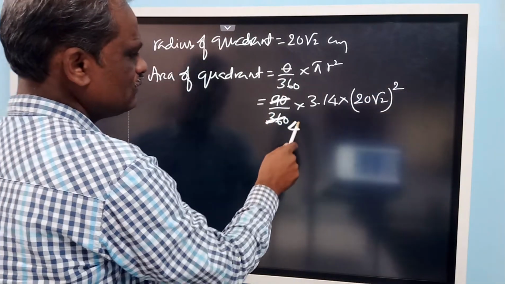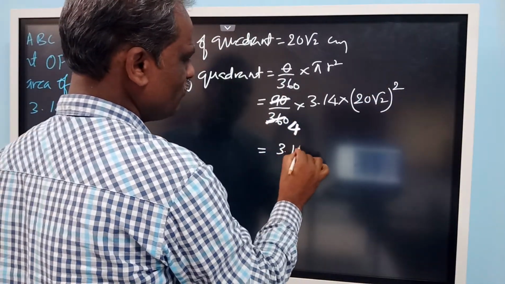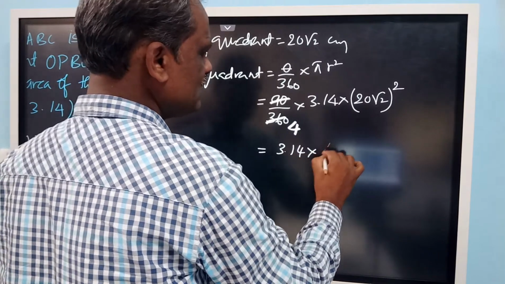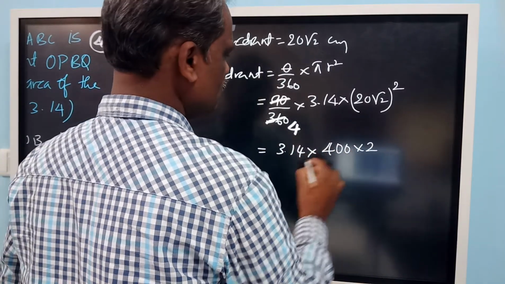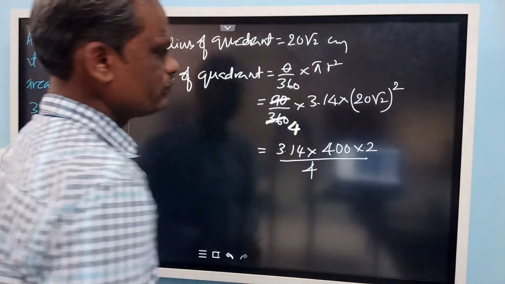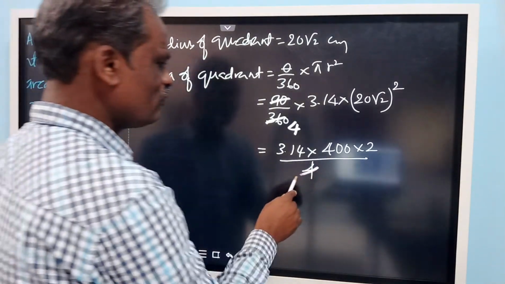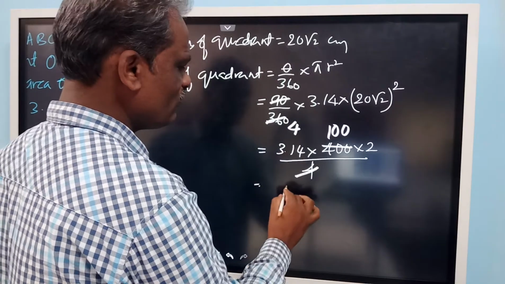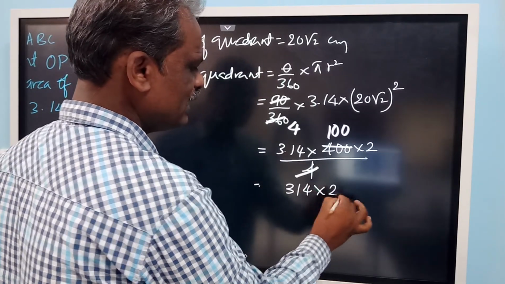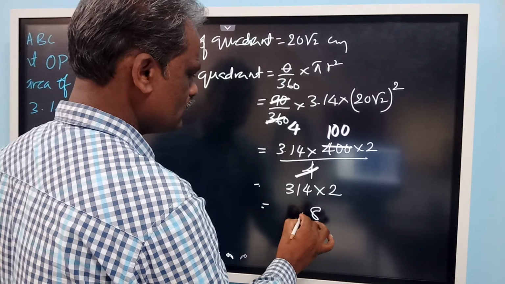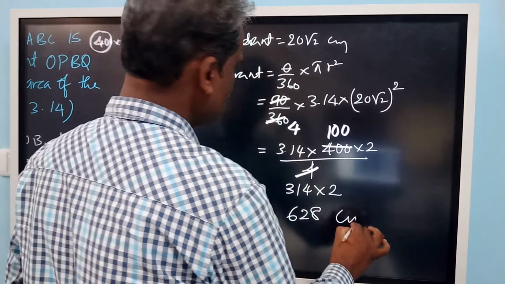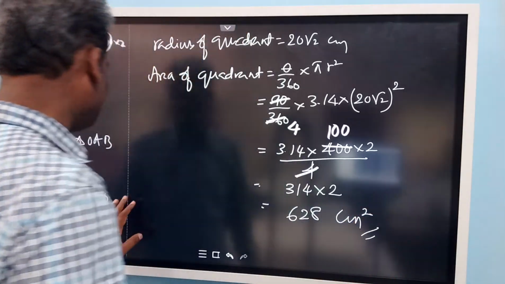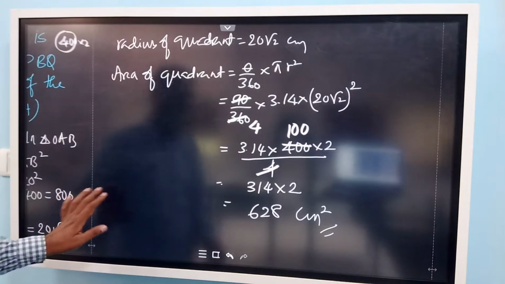Cancel this, so 3.14 into 400 into 2 divided by 4. Cancel, 4 ones are 400s are 100. So now 100 into 3.14 is 314, into 2, it gives you 628 centimeters square. This is the area of the quadrant. It is very easy.